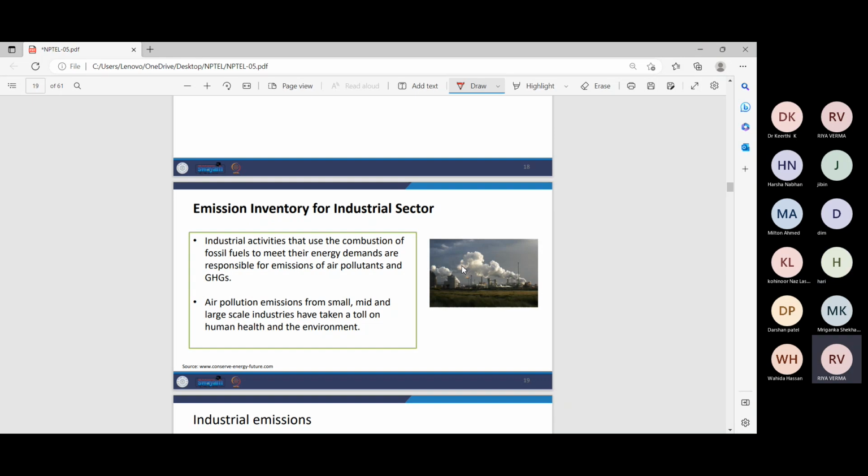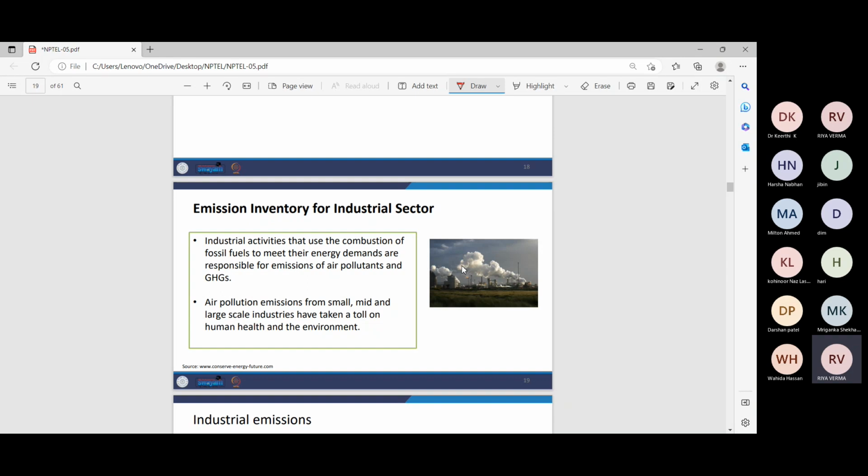This combustion of the fuel is responsible for the emission of a large number of air pollutants, and that is why it is responsible for the increase in the greenhouse gases in the environment. So your air pollution emissions from small, medium, and large scale industries have taken a toll on human health and the environment.